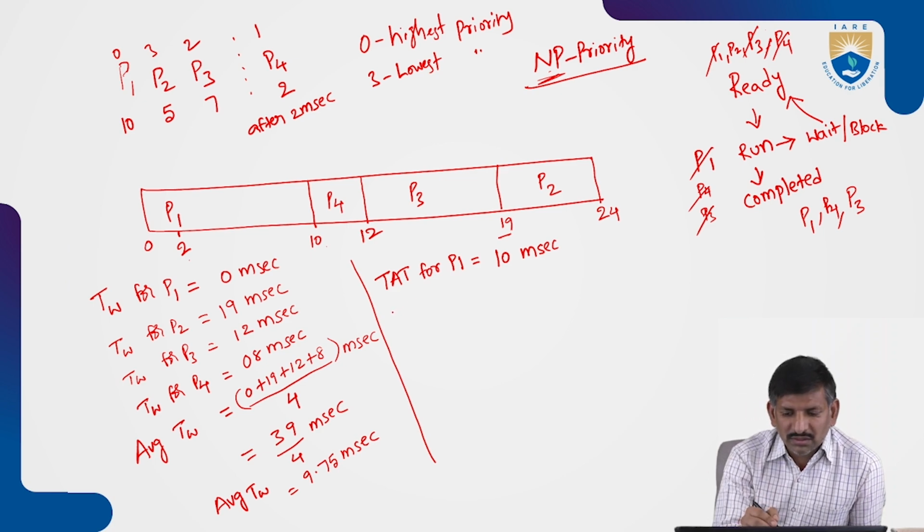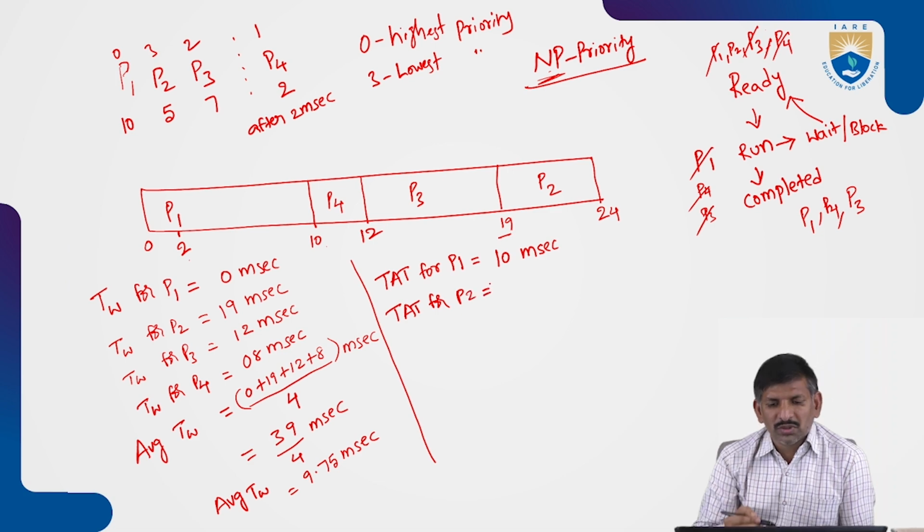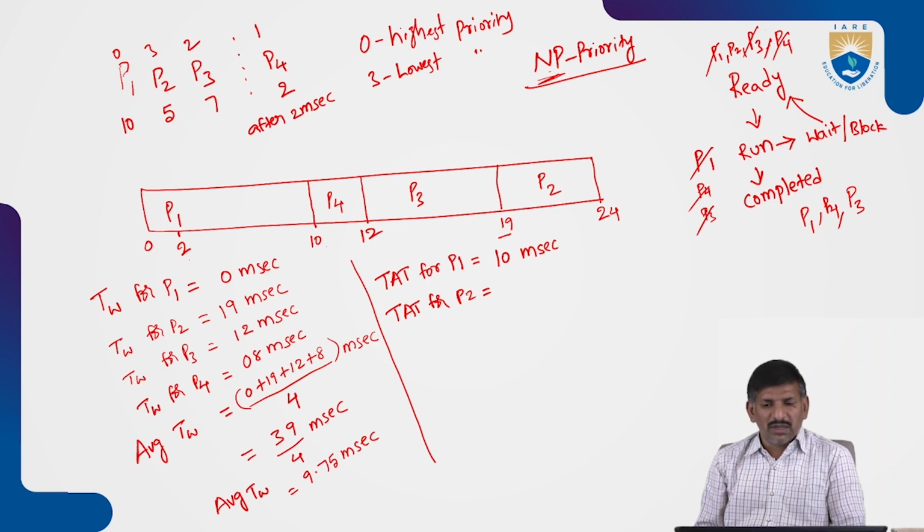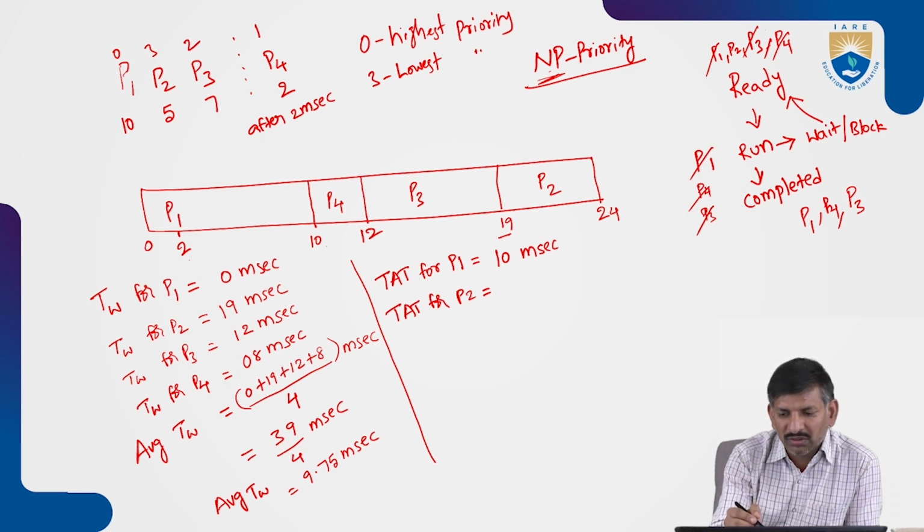Next, turnaround time for process P2. Process P2 entered the ready state at the time of 0 and its execution is completed at the 24th millisecond. So the total time taken by process P2 for completion of its execution is 24 milliseconds.